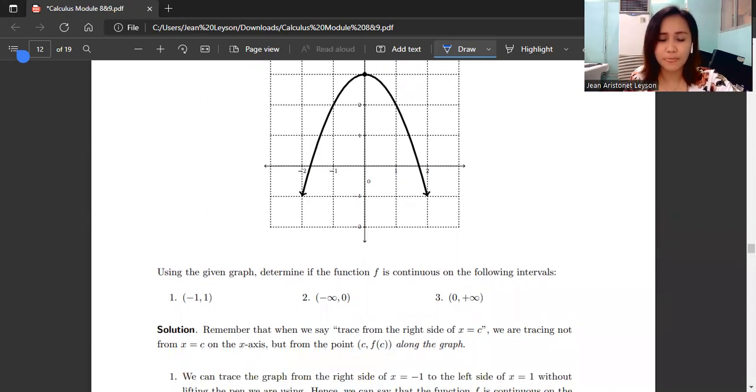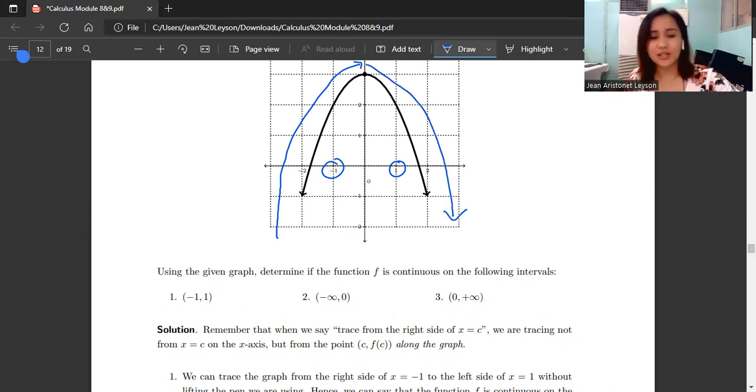So first one is -1 to 1. So -1 is right here, 1 is right here. Negative infinity to 0. So negative infinity from here going to 0 there. Then 0 here going to positive infinity.